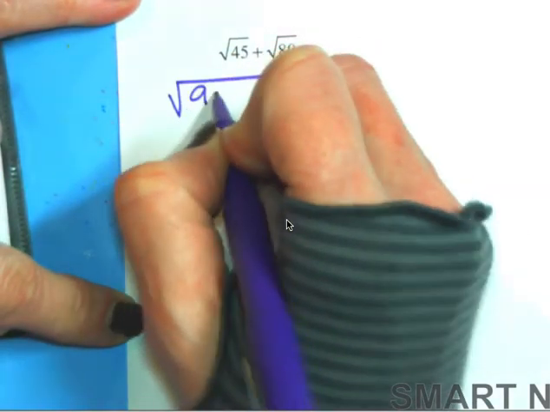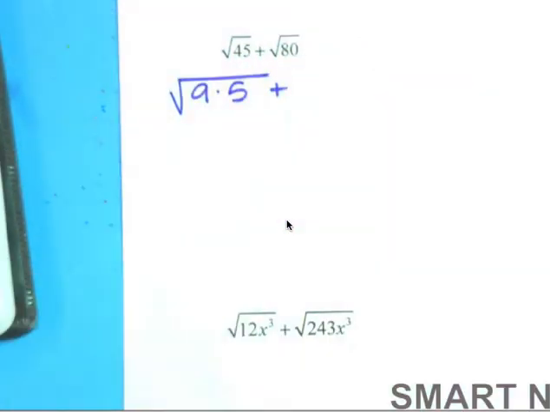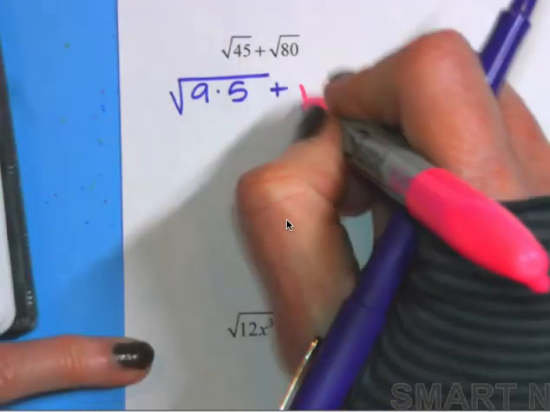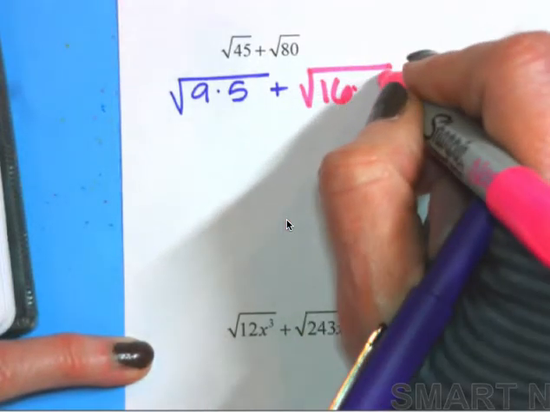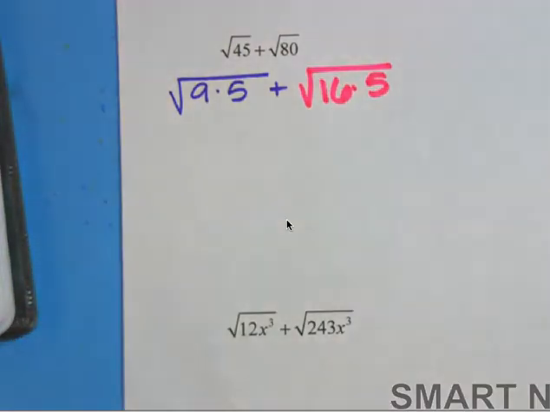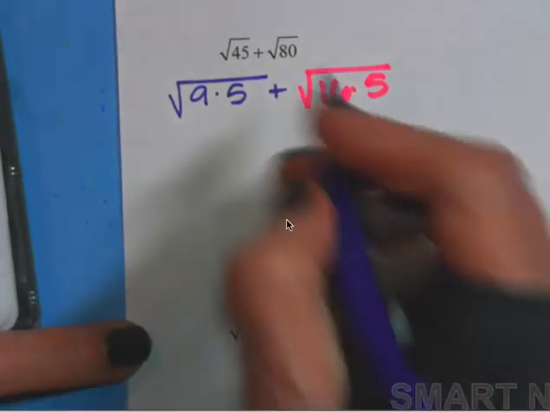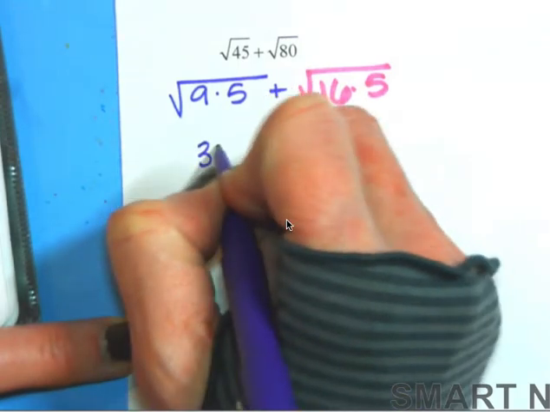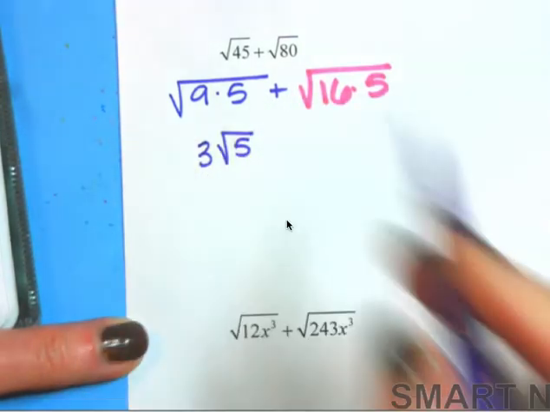is 9 times 5. And let me color code, I'll switch ink colors. And then radical 80 is 16 times 5. So I need to simplify each expression before I can determine whether or not they can be added together. The square root of 9 is a perfect square. The square root of 9 is 3, leaving this expression as 3 radical 5.